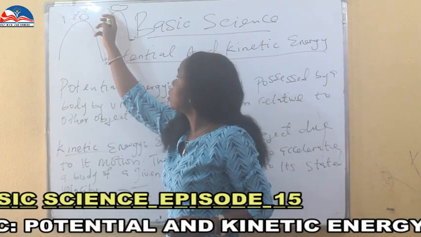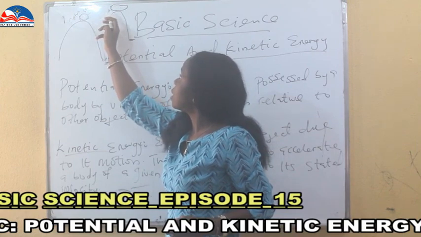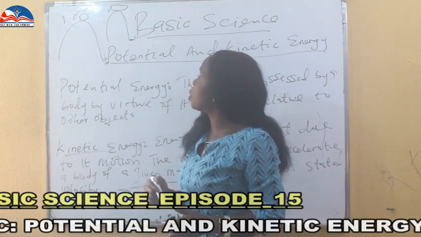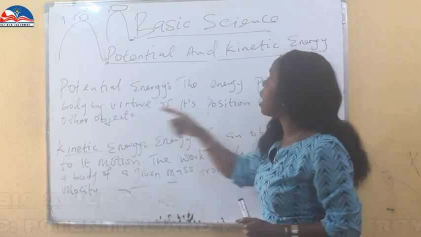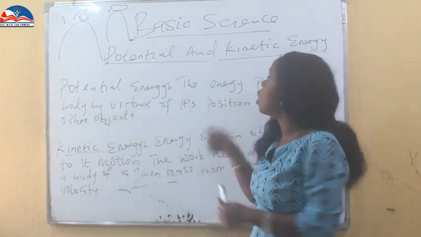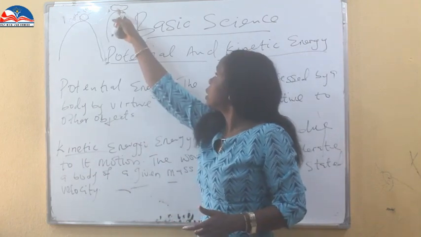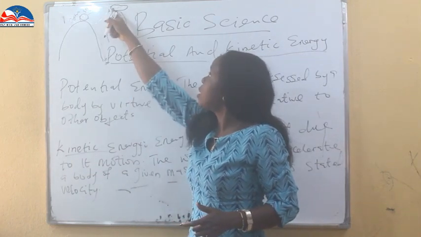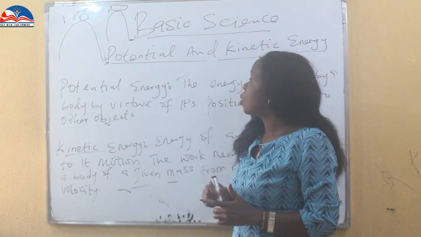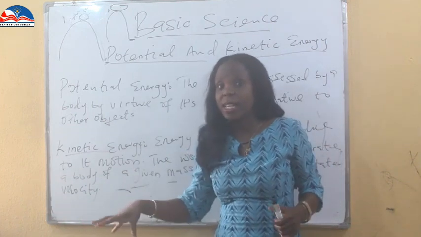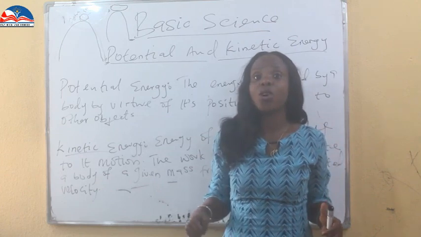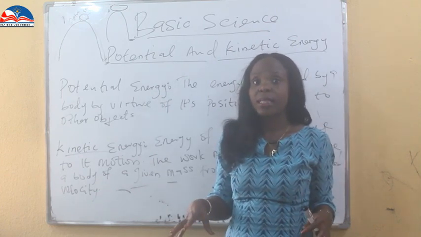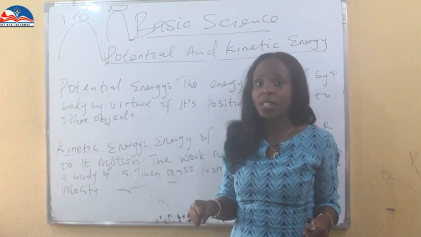Remember, we said the energy possessed by a body by virtue of its position. So this is the body, and the hill is the position. If you push it down, the force at which it is going to come down, the energy at which it is going to fall down, is the potential energy.